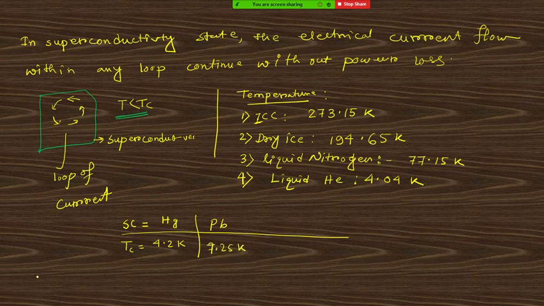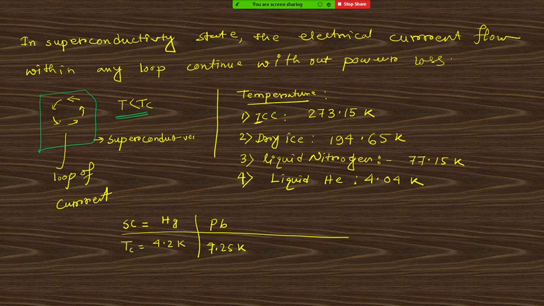Actually, for using the superconductor, the low resistivity is very useful for our daily life. But such low temperature production will not be useful commercially, because to produce the low temperature we need electricity.